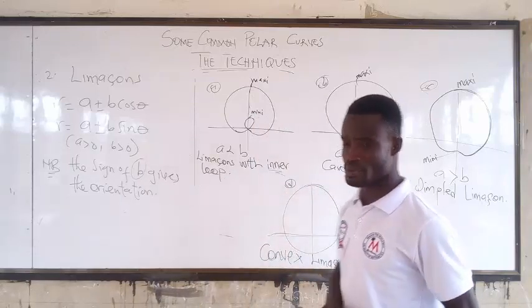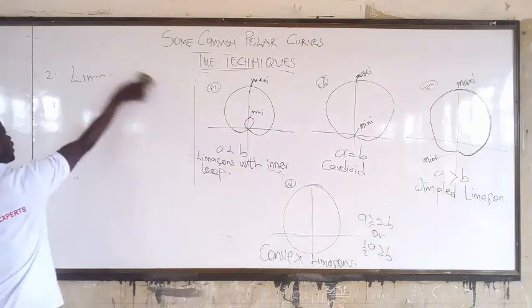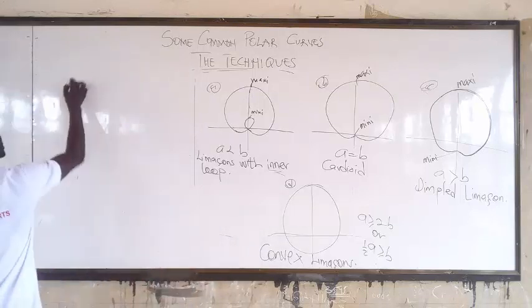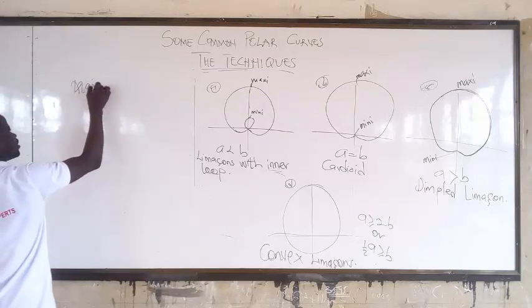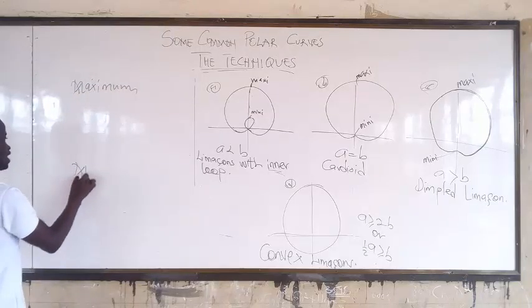Alright, so let me give you the technique. I love you, and I always want to give you the rest. Okay? Let's first talk of the maximum. Then let me talk about the minimum here.